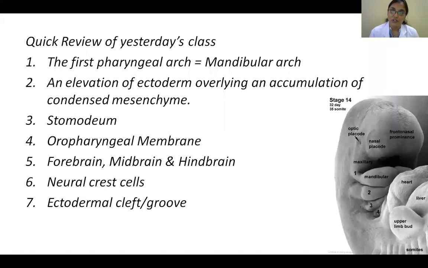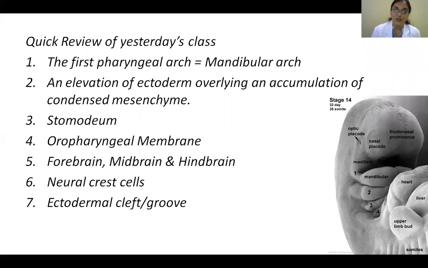Then coming to the stomodium. The stomodium is a pit, an ectodermal depression, the floor of which is the oropharyngeal membrane. The oropharyngeal membrane is one of the 2 regions where the ectoderm directly meets the endoderm. This depression, which we call the stomodium, is nothing but the primitive oral cavity.